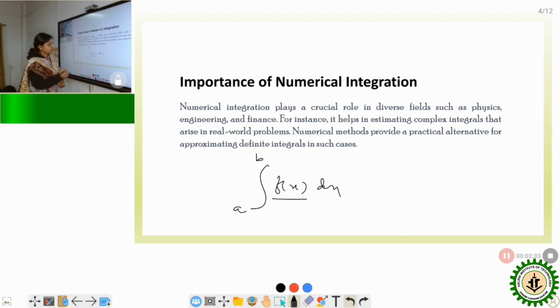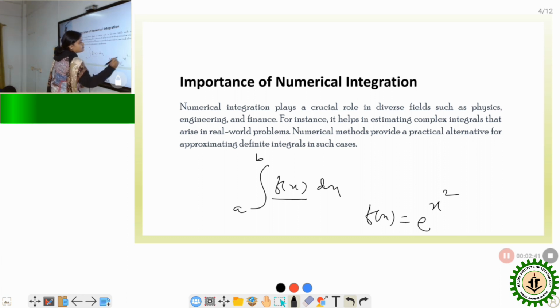Suppose we take one example, f(x) equals e to the power x squared. In this case, we can't find the antiderivative. So for this type of problem, numerical integration is very important.